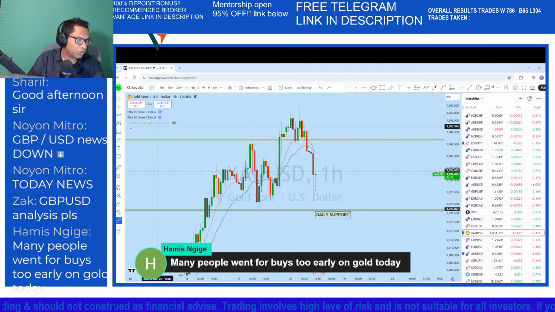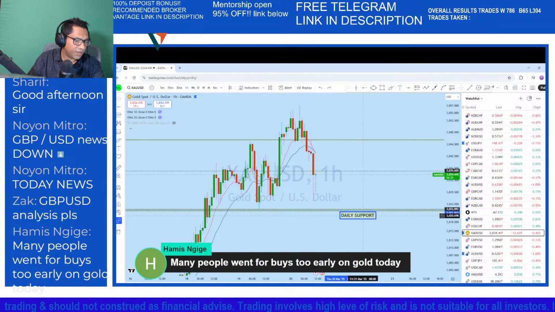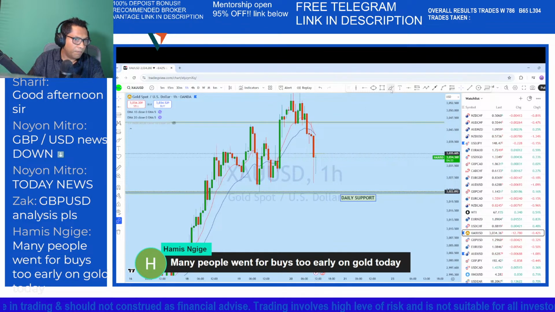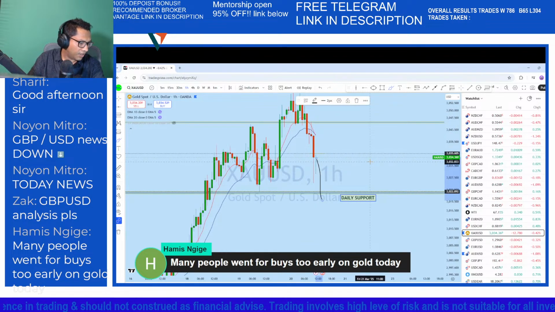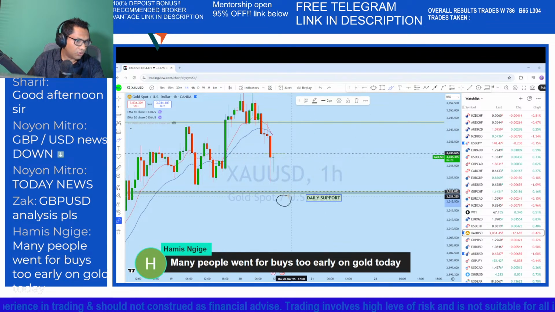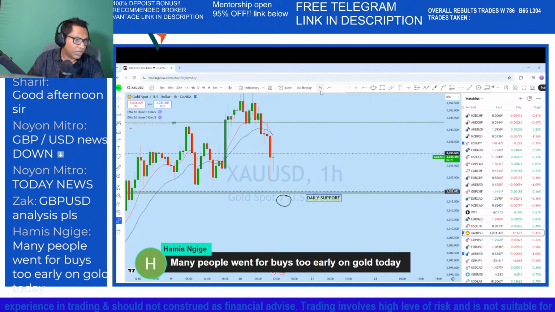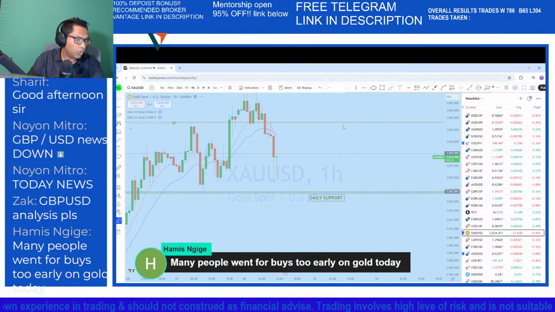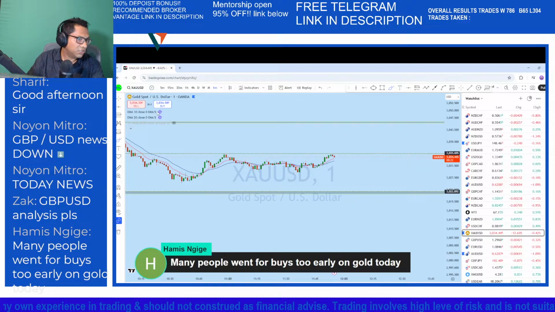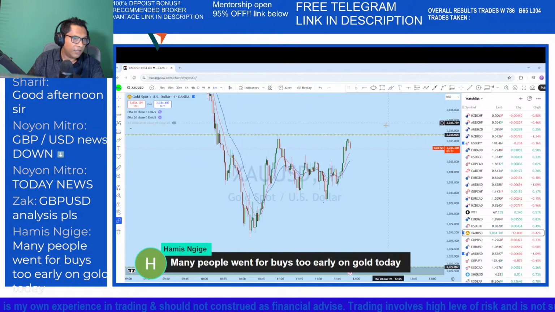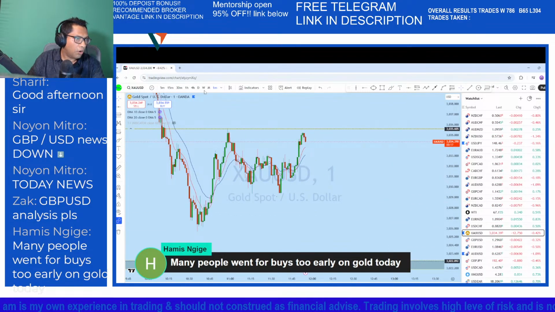We could see the price coming back below that level, grabbing the liquidity and then again trending in that direction. So we will be waiting to see on XAUSD whether the market drops.